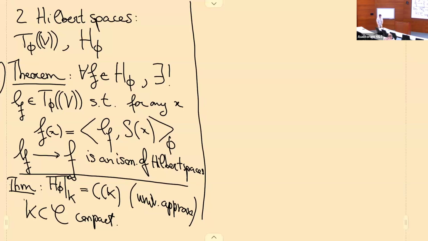But we have some examples. Let me give you one quick example of an element that belongs to one RKHS, but doesn't belong to another. So you take a differential equation of this form: dY_t is equal to F(dγ_t) times Y_t.